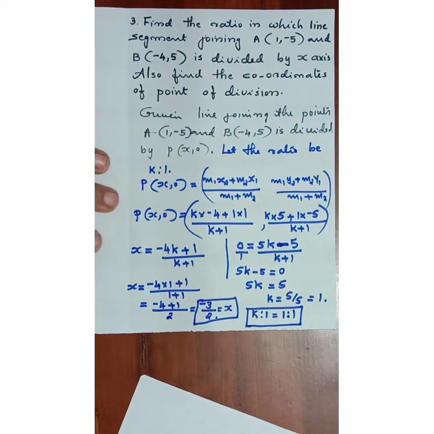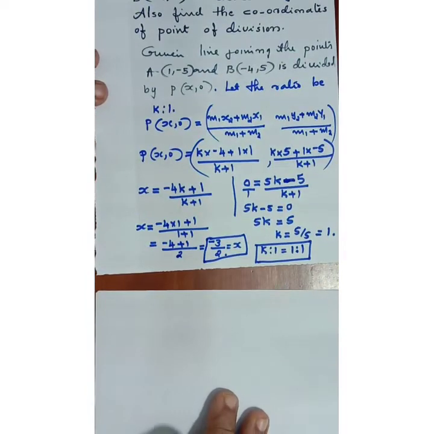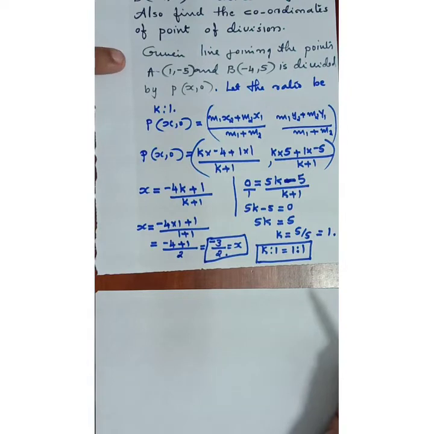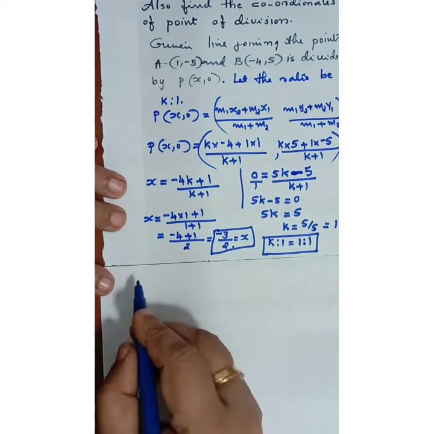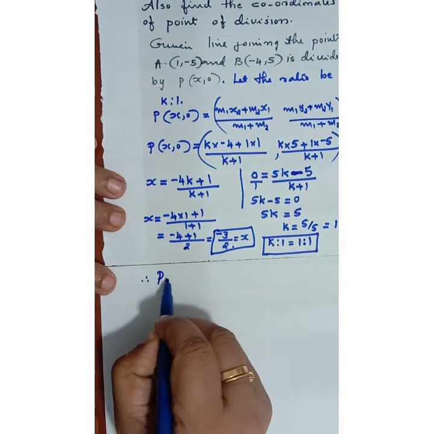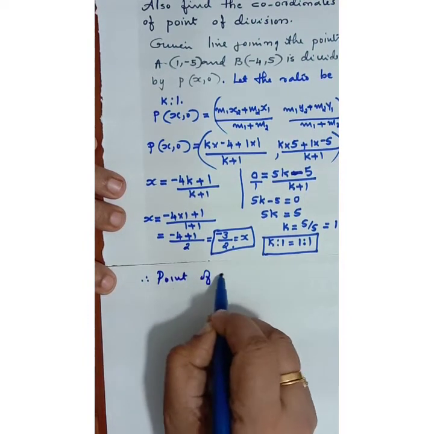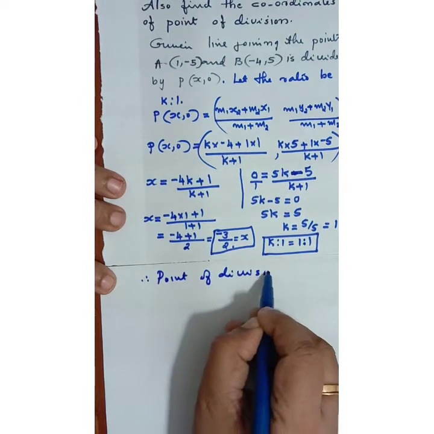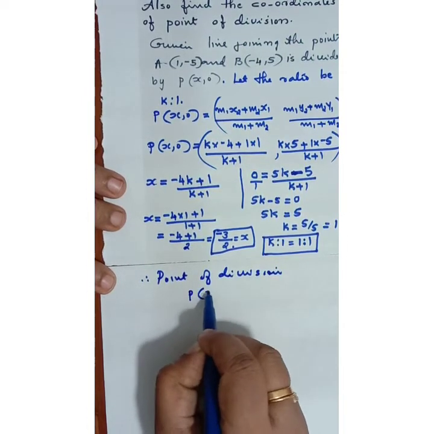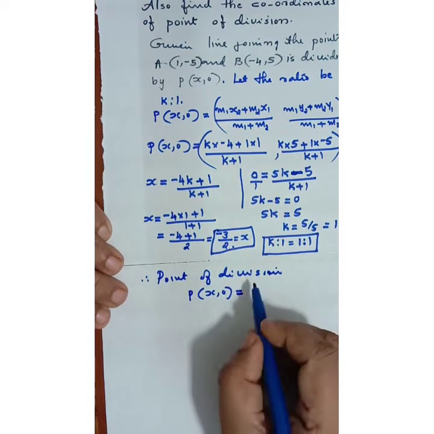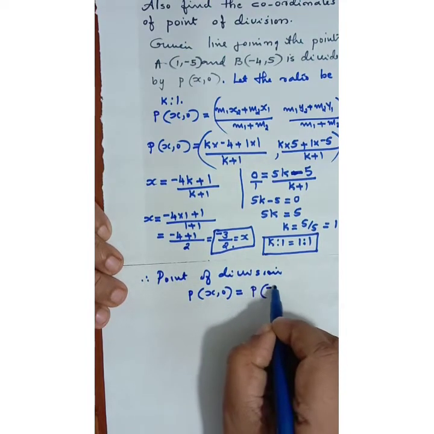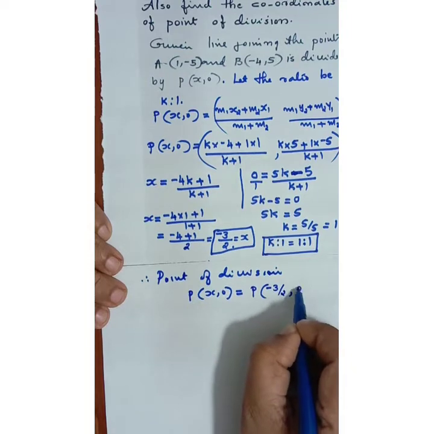They have asked us to find the coordinates of the point of division, which we have written as P(x0, 0). Therefore, the point of division P(x0, 0), where x is -3 by 2, so P(-3/2, 0).